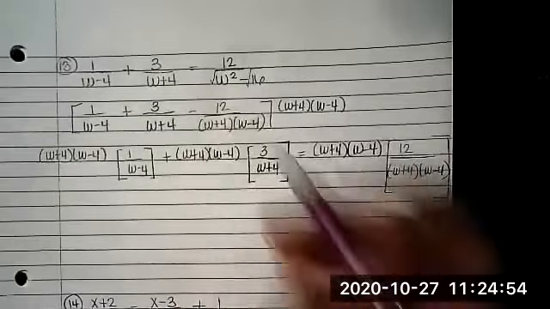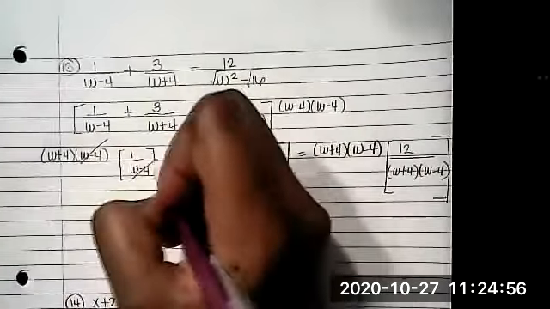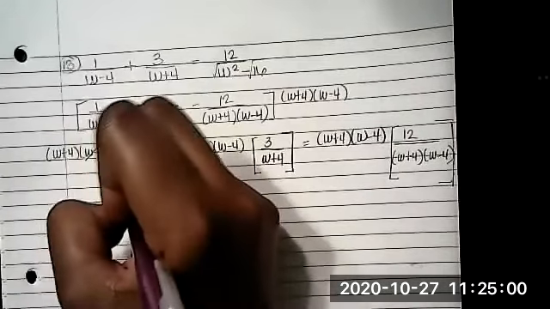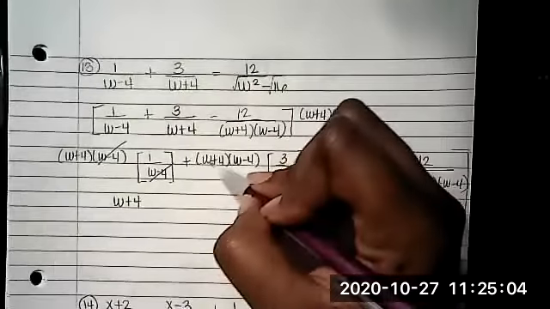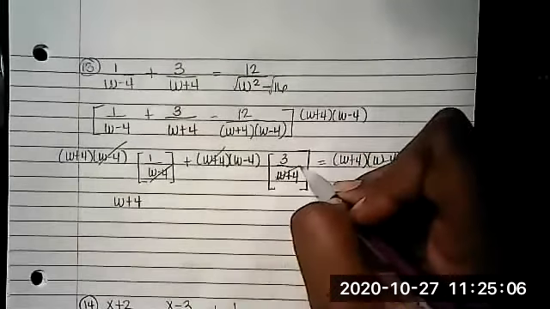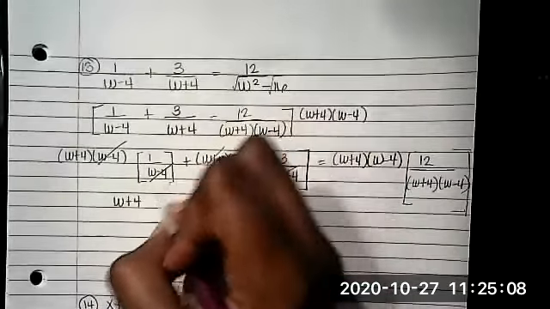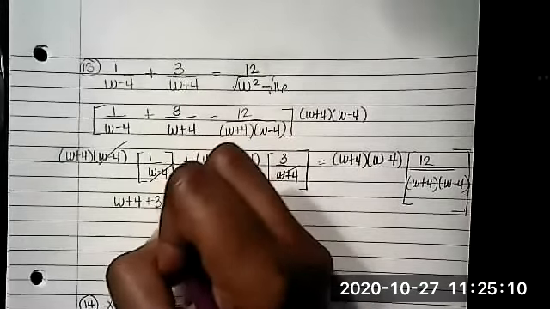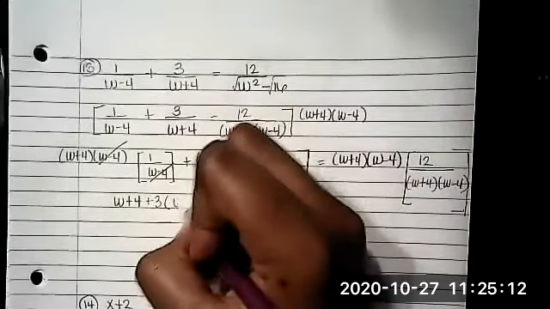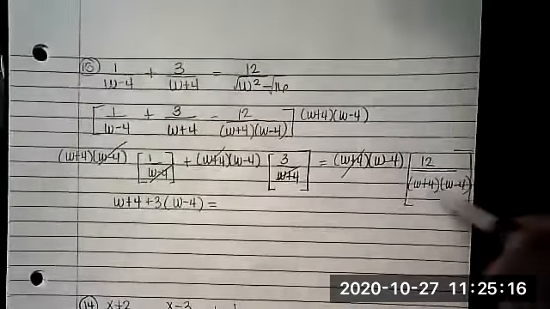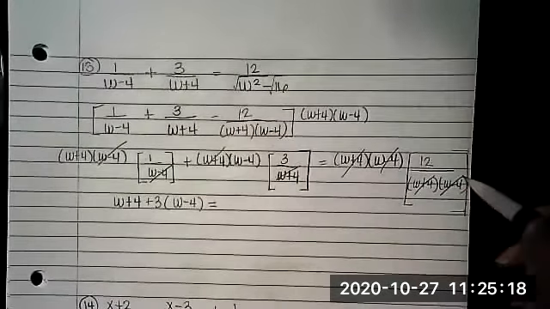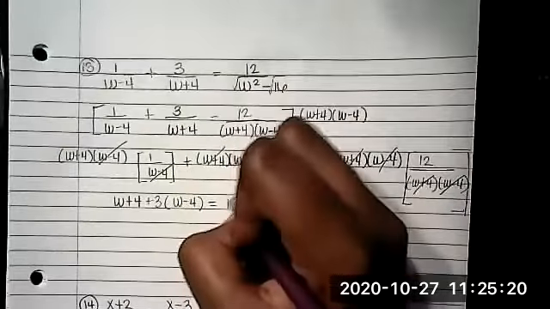And now I can simplify. W minus 4 cancel out. This now becomes w plus 4 times 1 is just w plus 4. Okay. This w plus 4 cancels out here. What's left over is positive 3. So it's going to be 3 times w minus 4 equals w plus 4, and the w minus 4 cancel out there. What's left over is just 12.